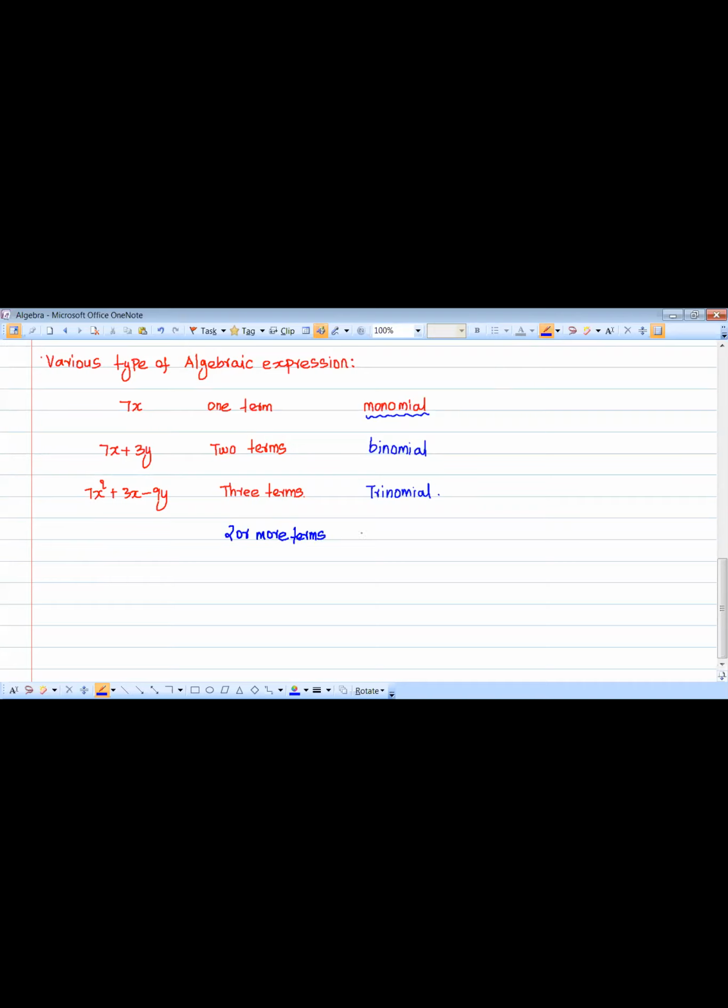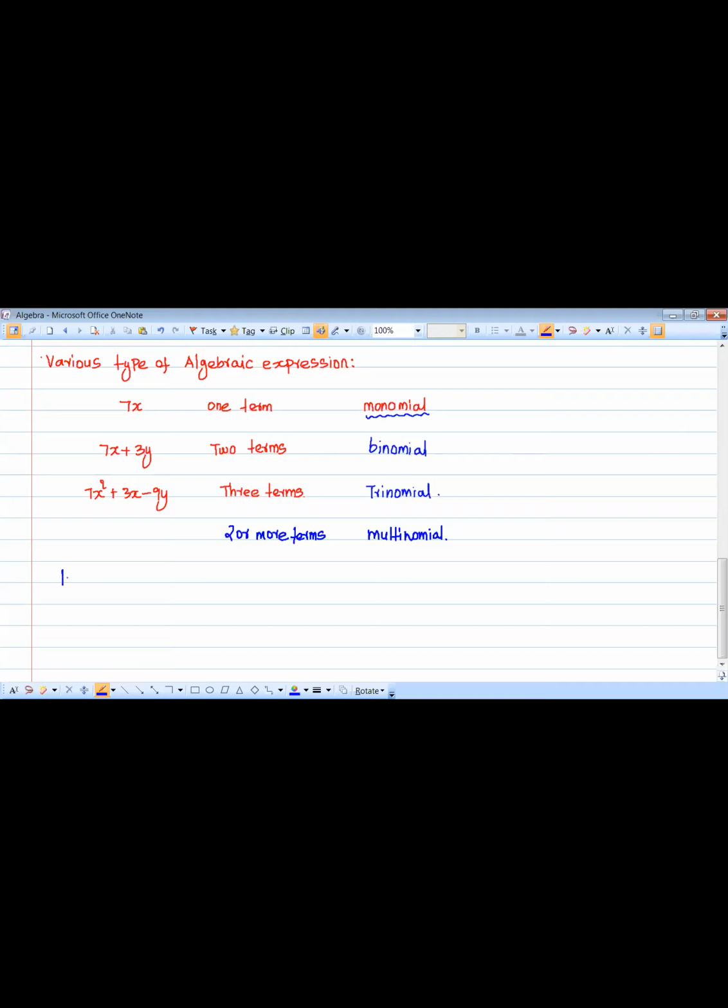If you have two or more terms, you can say multinomial. Even two terms we can call multinomial, and more than two terms also multinomial. Or else you can say polynomial also. Got the point? Some people will say multinomial. Now, the next topic we are going to study is polynomial.